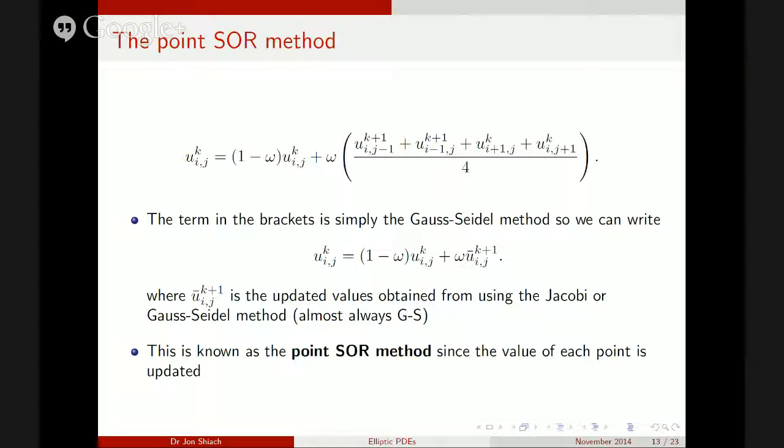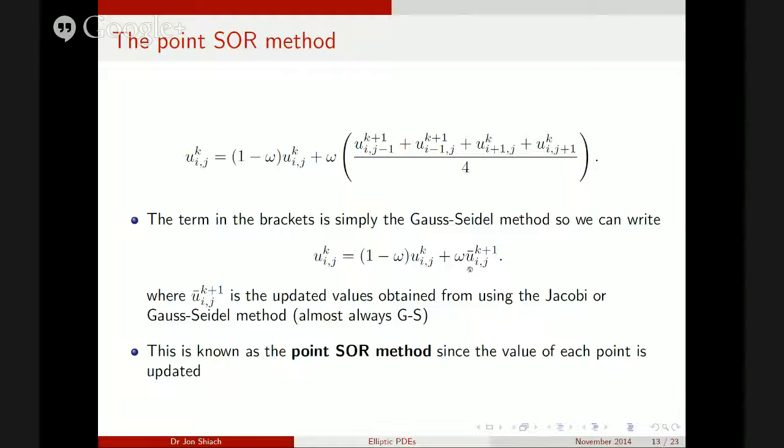This is what's known as the point SOR method. There are 2 types of SOR methods. This first one is known as point, because we're calculating the values of each point in turn. That's just the equation on the previous slide. The term in the brackets is just the Gauss-Seidel method. So more often we write the SOR method in this form: 1 minus omega times the current estimate plus omega times u-bar.